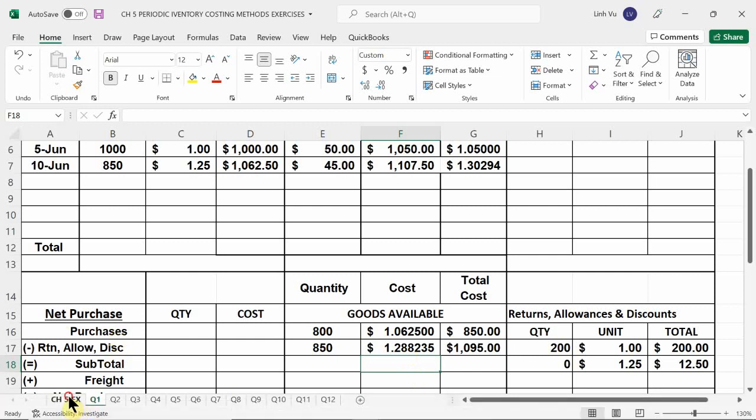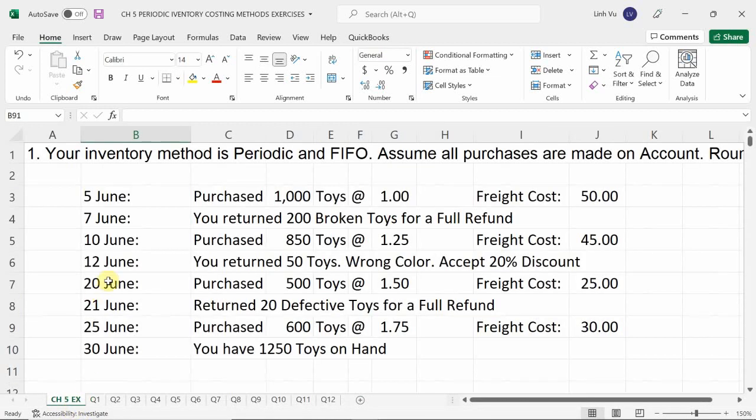Okay, so let's see what happened next. June 20th rolls around and we end up purchasing 500 toys at $1.50 with the freight costing $25. So if you want to go ahead and plug your values into your inventory worksheet first and then journalize, you can do so.